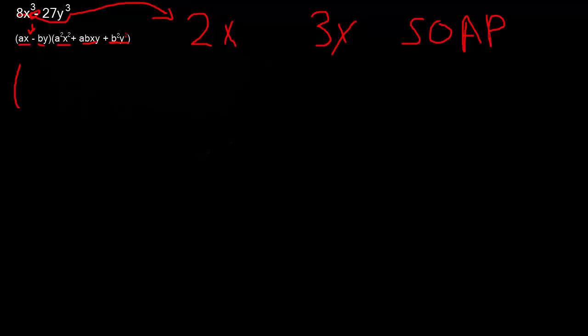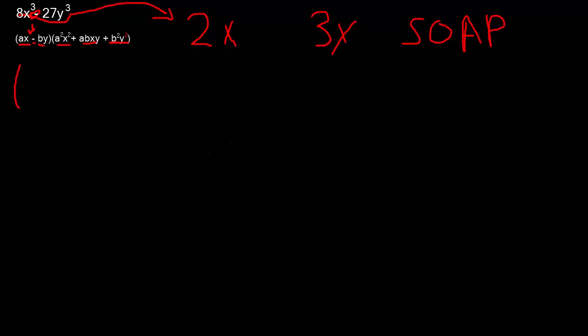So if we look at this, we have a negative here, and the first one is S, the same sign. The first sign has to be the same sign as what you see in the original. The second sign is always the opposite, so we have a minus here, that'll be a plus here, and the last sign is always positive.